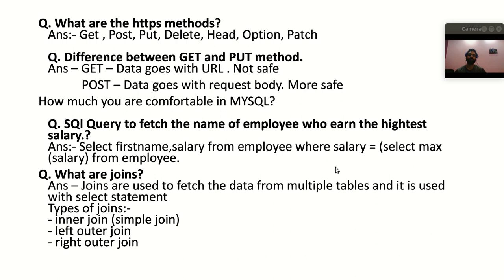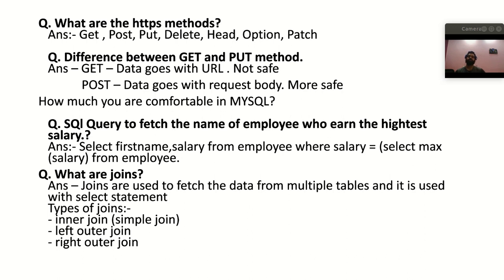So first we are finding the maximum salary of the employee, and then from there we are selecting the first name and the salary from the employee table, right?